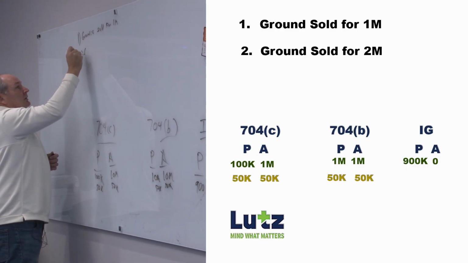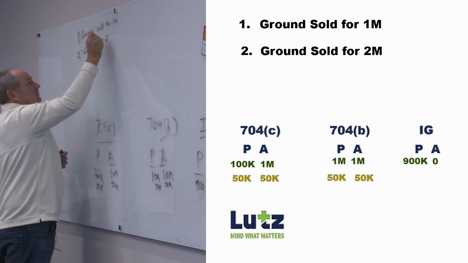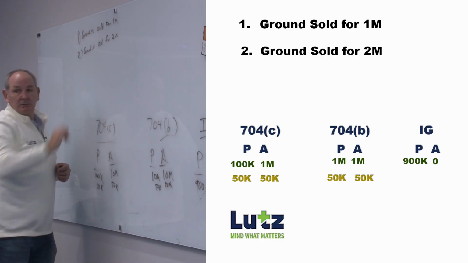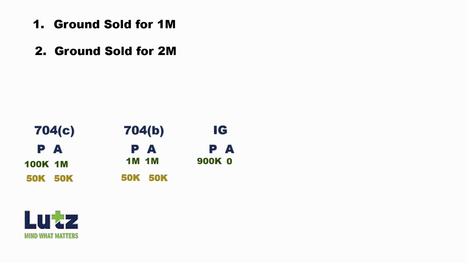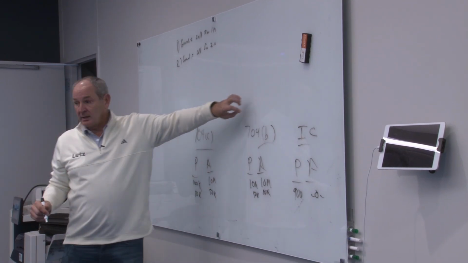Two, the ground is sold for 2 million. The concept that is hard to wrap your head around is that there's a gain-loss calc that occurs for both 704C and 704B.